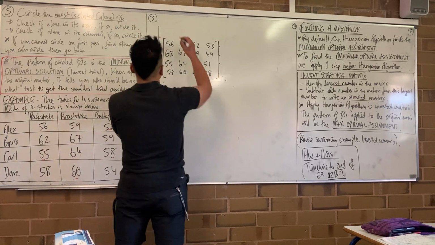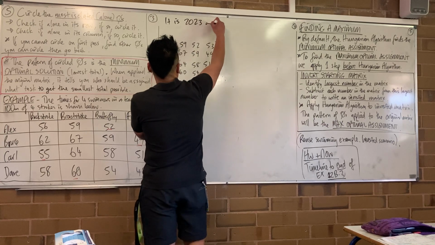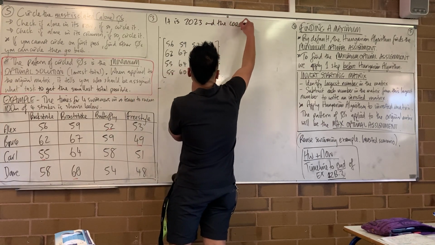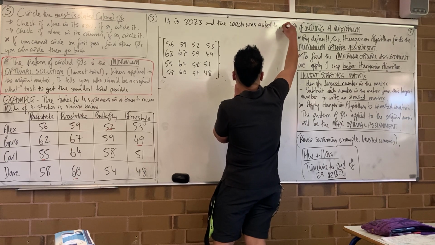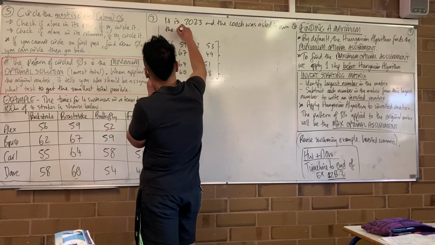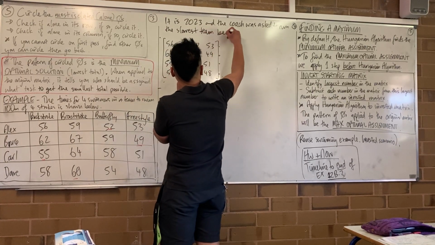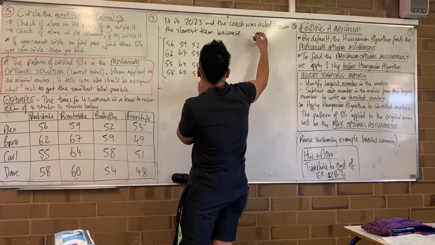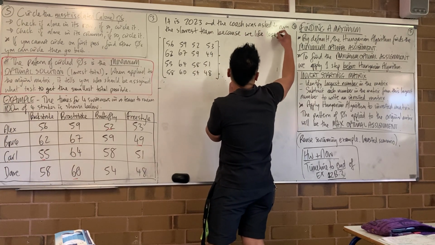Reuse the swimming example. It is 2023 and the coach was asked to run the slowest team because we like losers to win too sometimes.